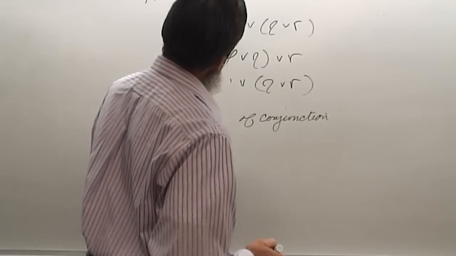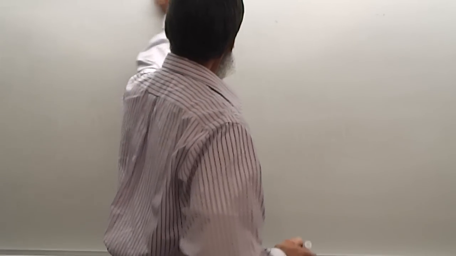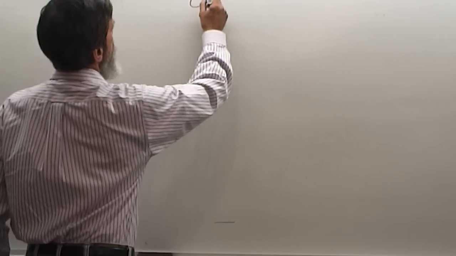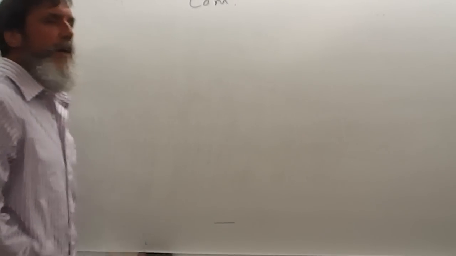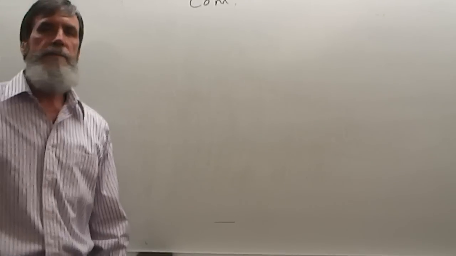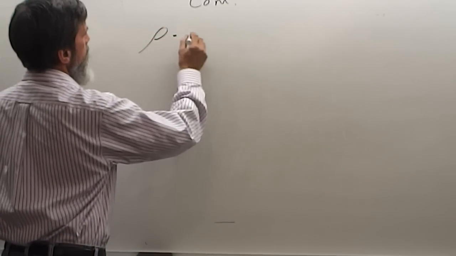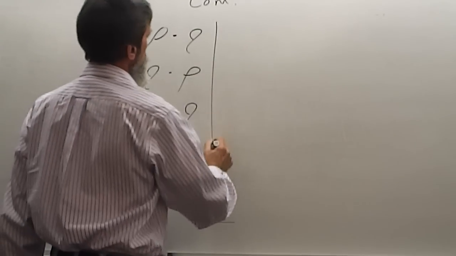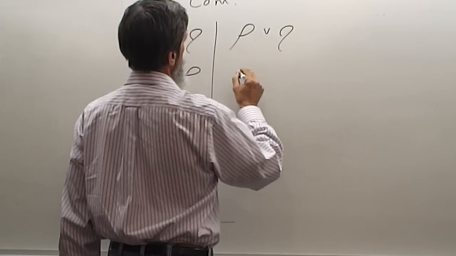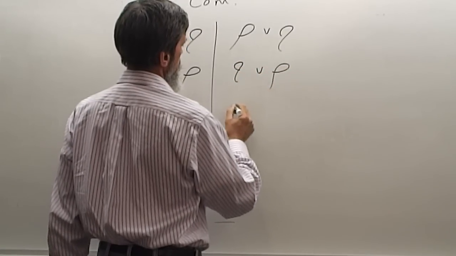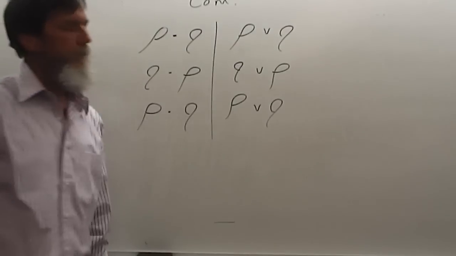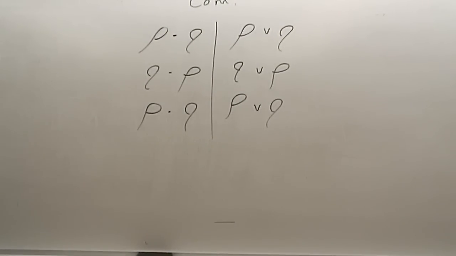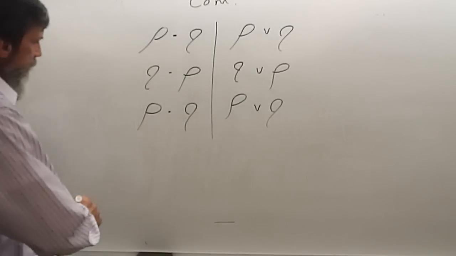Next up is a rule of replacement called commutation. Commutation also has two applications, dots and wedges. So again, we're altering the appearance of a conjunction or a disjunction.